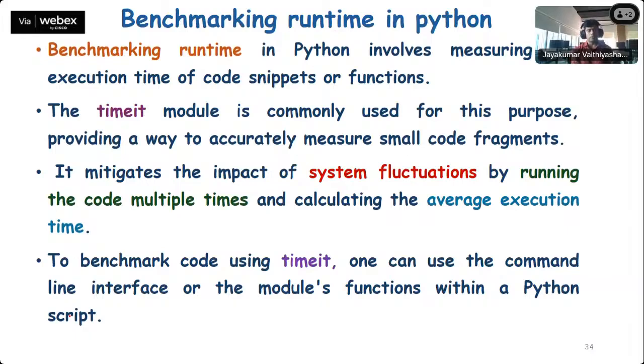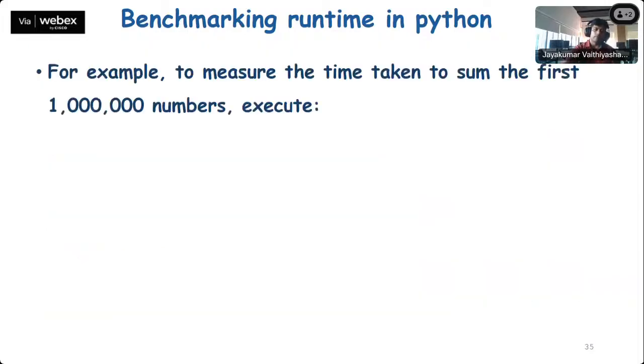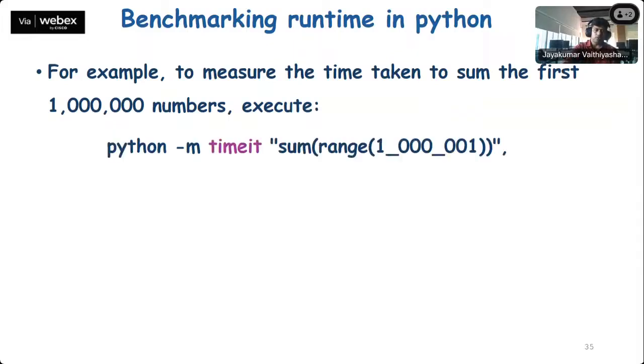First I will explain the theoretical part, then I will share the coding part for you to try to execute. For example, to measure the time taken to sum the first 10 lakh numbers, you need to execute this line in your command prompt: python -m timeit.